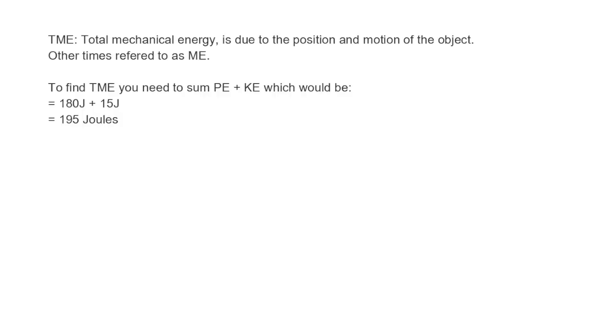Lastly, there is TME, or total mechanical energy, which is due to the position and motion of the object, other times referred to as ME. To find TME, you need to sum PE plus KE, which would be 180 joules plus 15 joules, resulting in 195 joules.